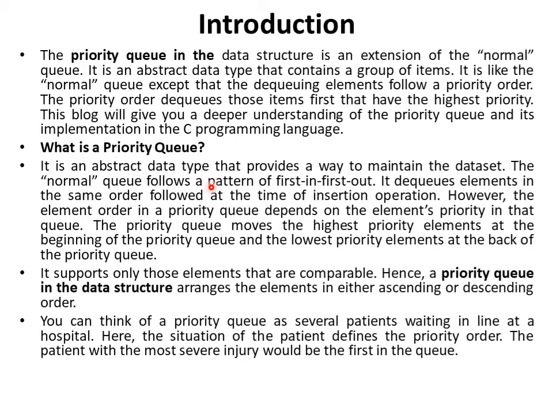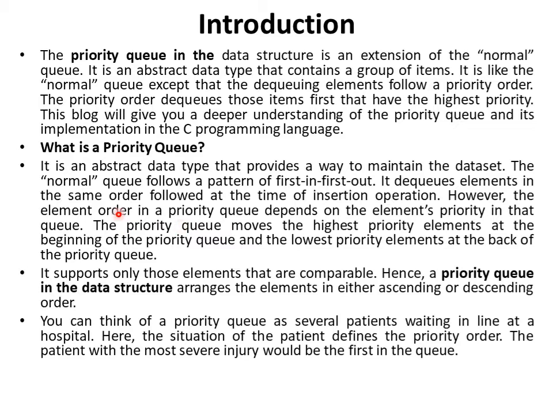The normal queue follows a pattern of first in, first out. In DQ, elements are dequeued in the same order followed at the time of insertion operation. I have explained what is DQ and what is InQ in previous sessions.